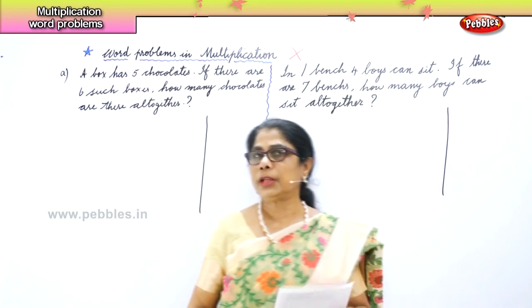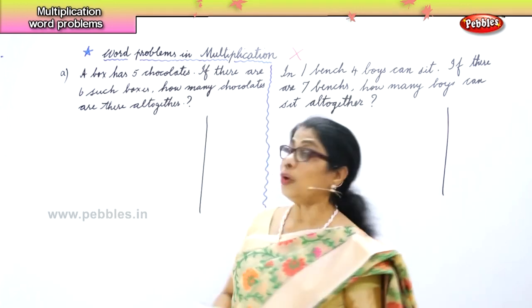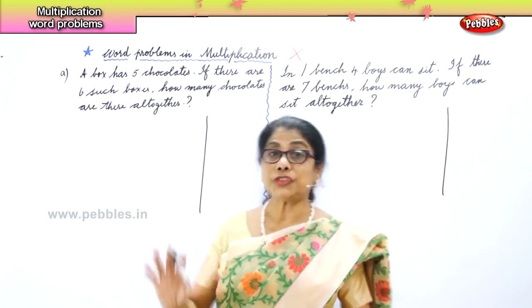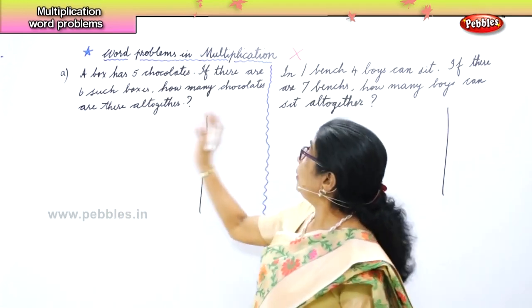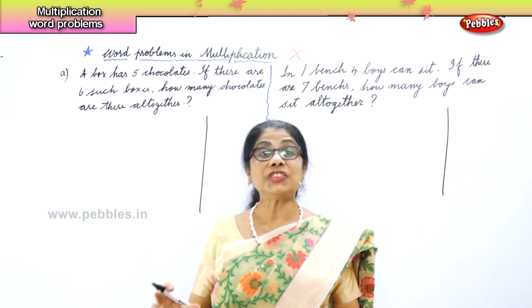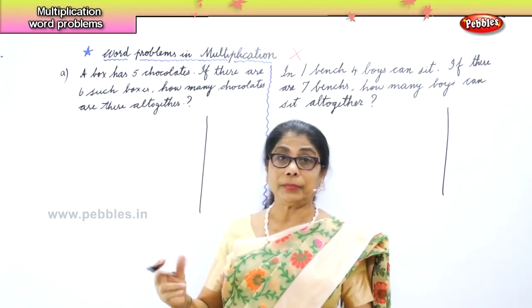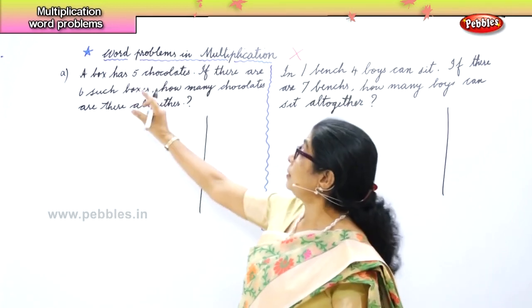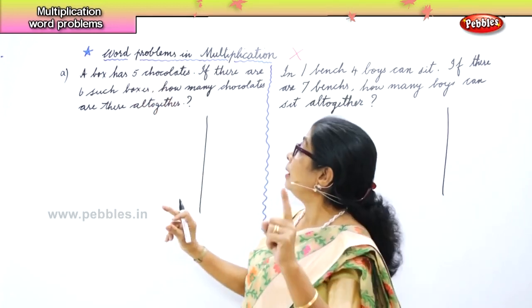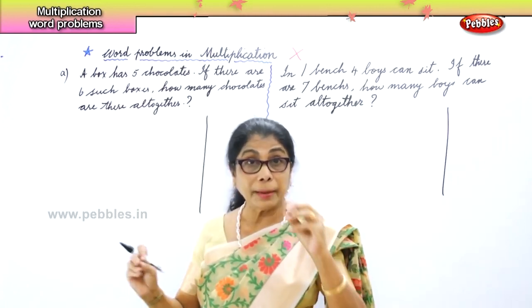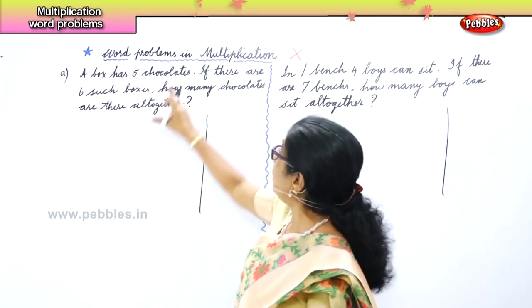Okay, first of all, let's read the problem. A box has 5 chocolates. If there are 6 such boxes, how many chocolates are there altogether? The first statement is number of chocolates in one box.